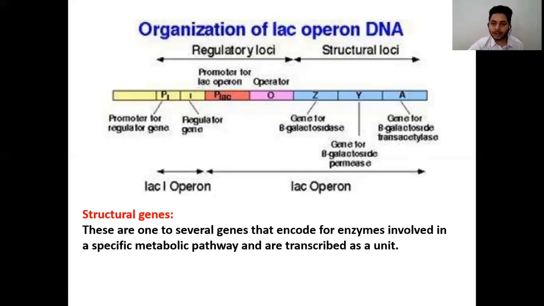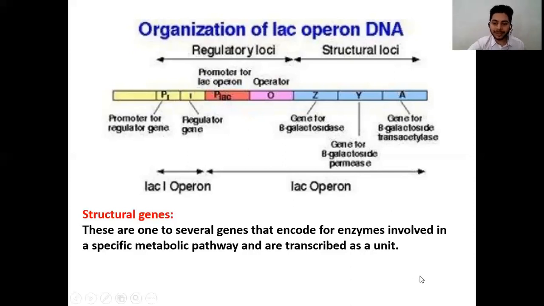And remember that all these structural genes within the operon will be transcribed together at one particular time. So my structural genes Z, Y, and A, all these three will be expressed together because they will be transcribed together as one particular unit.